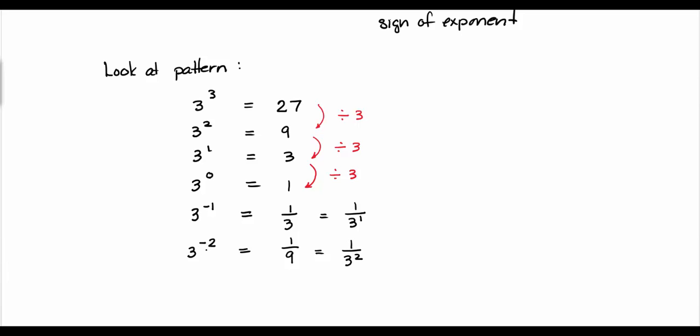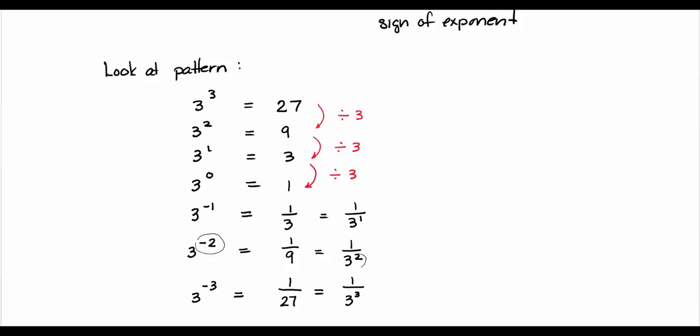So if you look at this, I had a negative exponent here, and it goes down in the denominator as a positive exponent. So continuing on again, 3 to the negative 3 is going to be 1 over 27, which is 1 over 3 to the 3rd. So that's the pattern of how you can evaluate negative exponents.